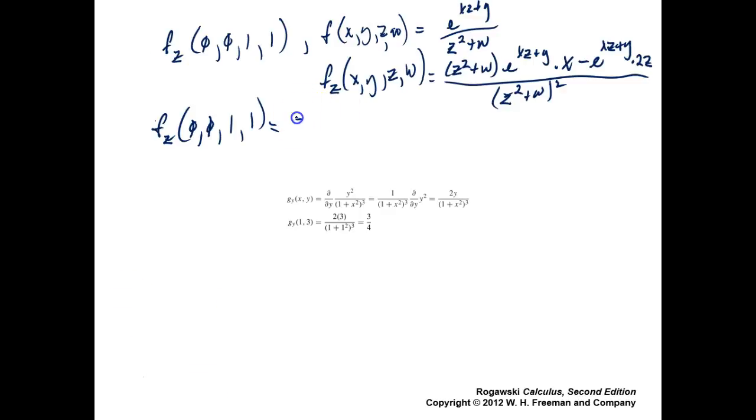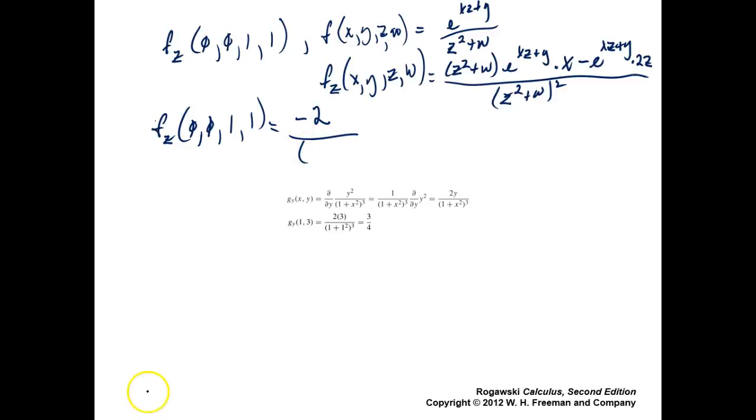The next term is a minus. And what was that? e to the, that was 1, times 2z is 2. So that's a minus 2. That's all you got in the numerator, right? How about the denominator? That was a 2 squared, which is 4.